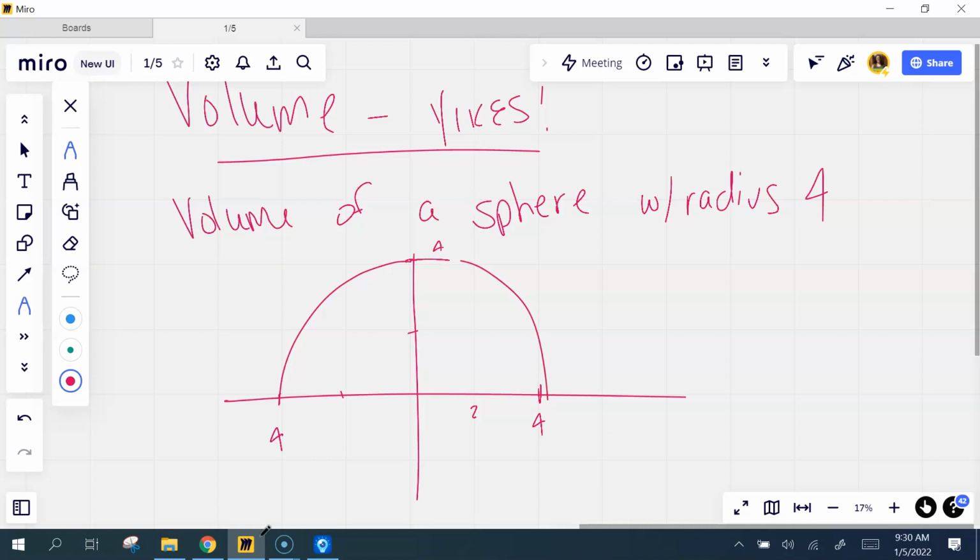Terrible semicircle, but you get the point. What is the equation of that semicircle? Okay, well, how do you find the equation of a circle? Just 2D. The equation of a circle.